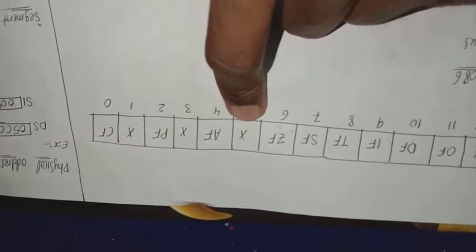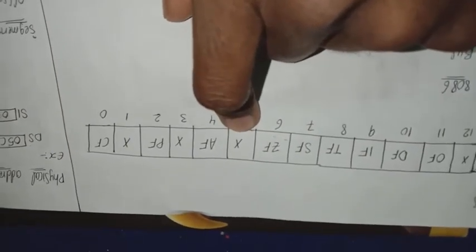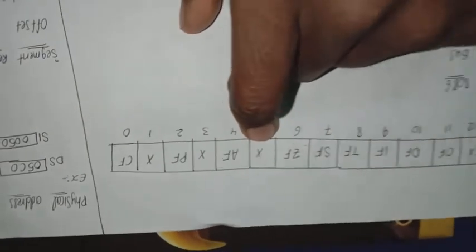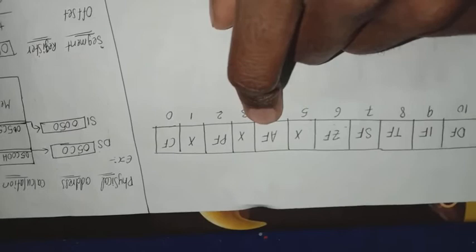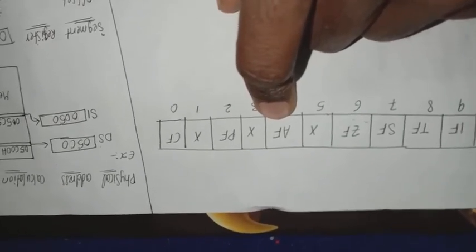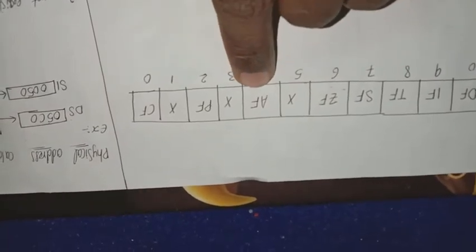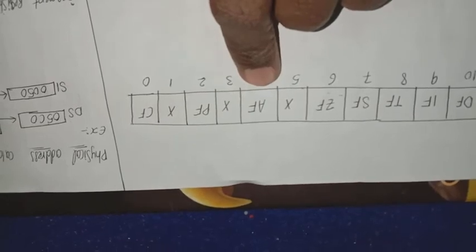And this is also an additional flag, which is for further design of the processor. And this AF is the auxiliary flag. The auxiliary flag is set when there is a carry from one nibble to the other nibble of the byte.